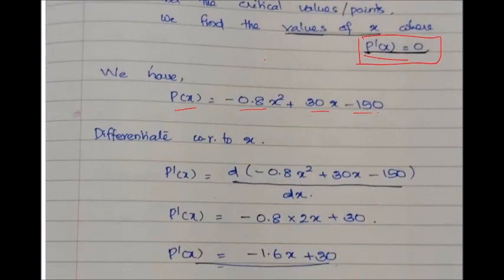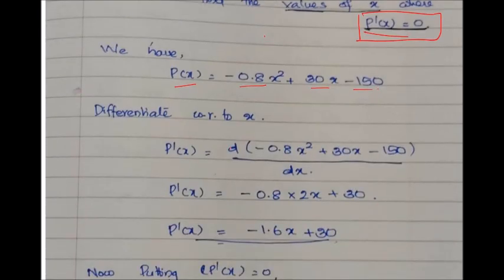Differentiate this with respect to x, that is P'(x) = d/dx of (-0.8x² + 30x - 150). 0.8 is a constant, the derivative of x² is 2x, and 30 is a constant and the derivative of x is 1, and the derivative of a constant is 0. So we'll get -0.8 × 2x + 30. That is P'(x) = -1.6x + 30.